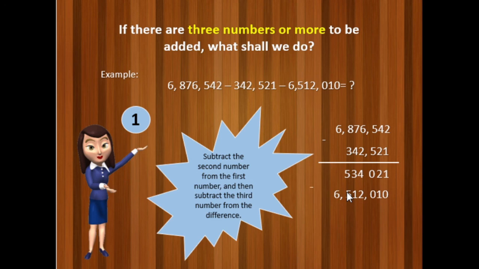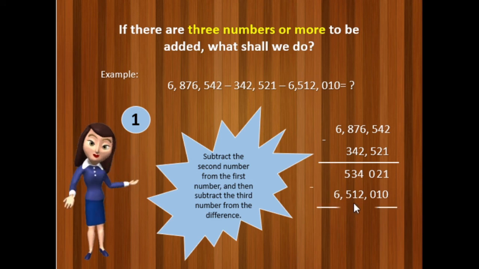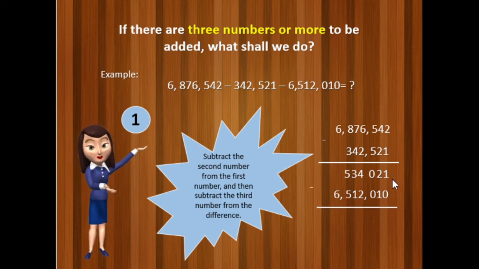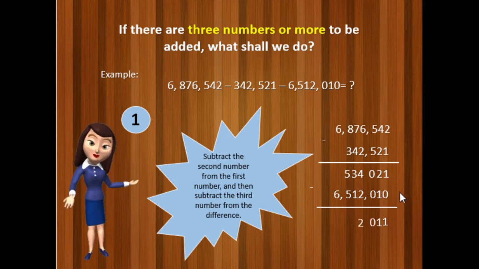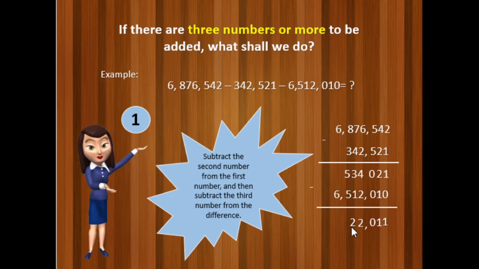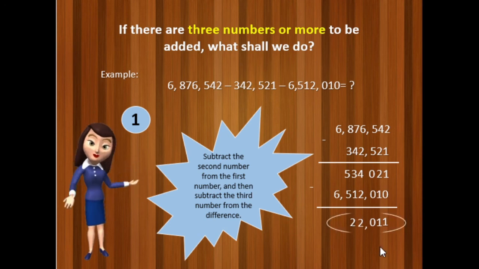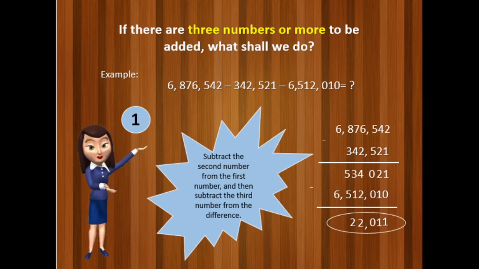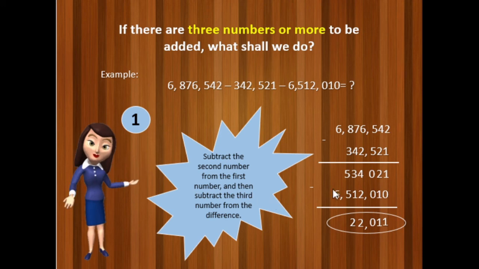Now, we will add together minus 1 minus 0, 2 minus 1, 0, 2, 2. We have 22,011. That is our final answer. For subtracting 3 numbers or more, we only have one method.